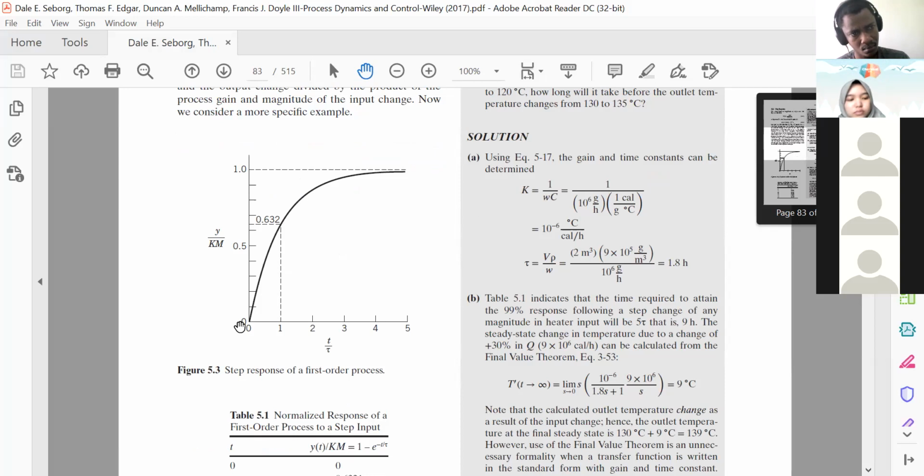If you put a straight line from here to here, then you get the value for the derivative of y over K M with respect to t over tau in here. This will be equal to 1.